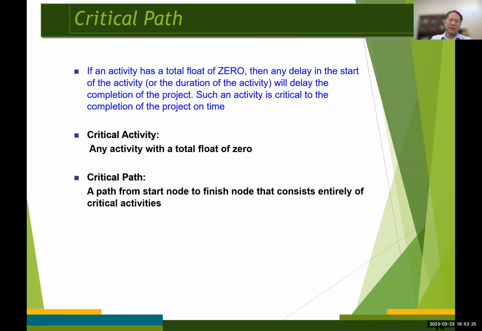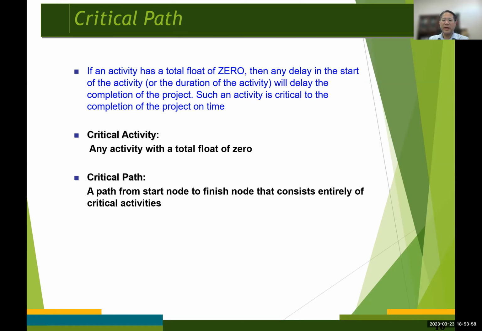So as it shows on the screen, if an activity has a zero value for the total float, then any delay in the start of that activity will also delay the completion of the entire project, right? So such an activity is really critical to the completion of the project on time.